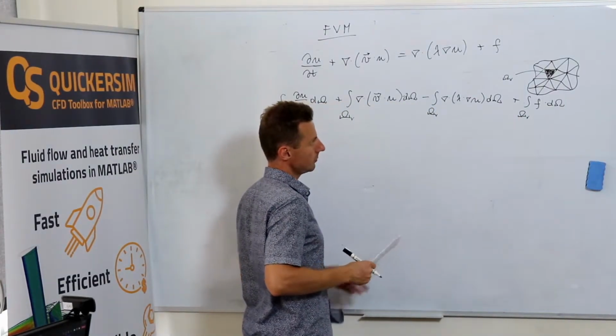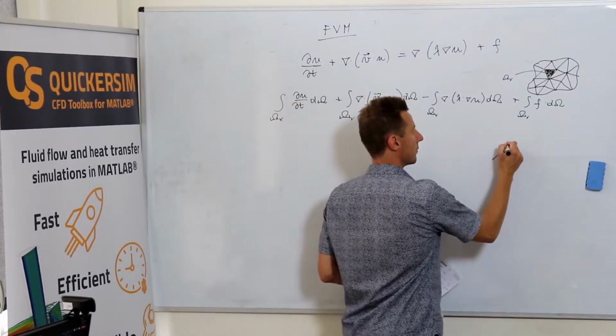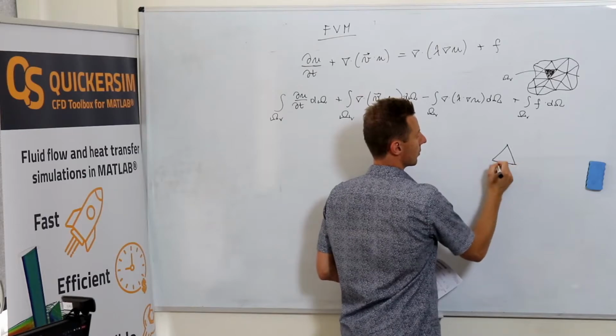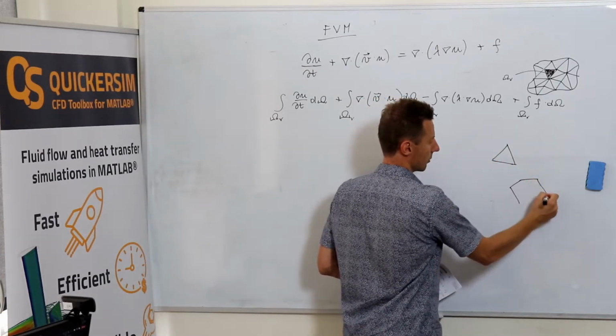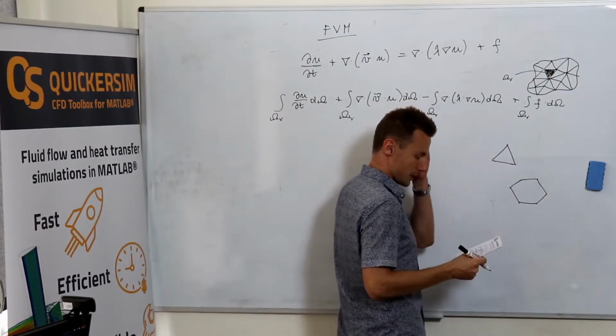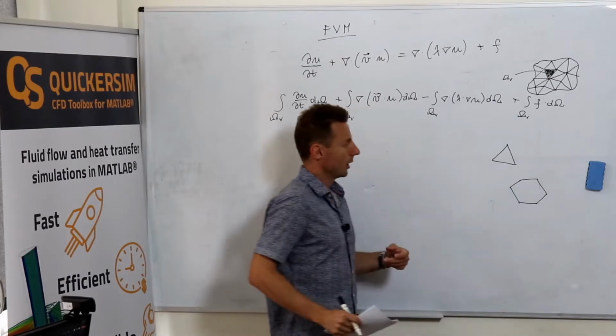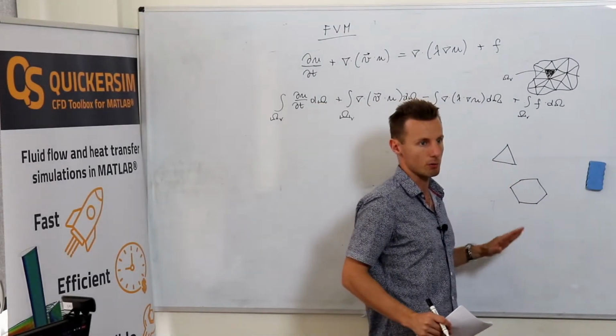First, the assumption is that if you select any finite volume, let it be triangular or completely general, you average the quantity across the whole finite volume.